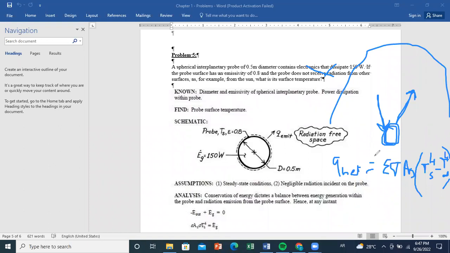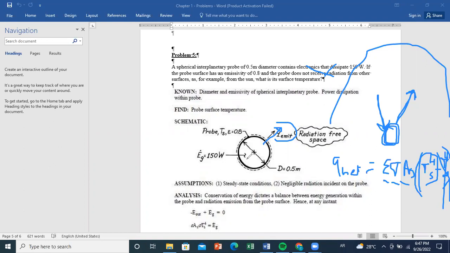Then we can say that the emitted flux is simply epsilon sigma A surface times T surface to the power 4. We don't have to account for the absorbed or received flux, because we are not receiving any radiative flux from other surfaces. We are just emitting heat by radiation.